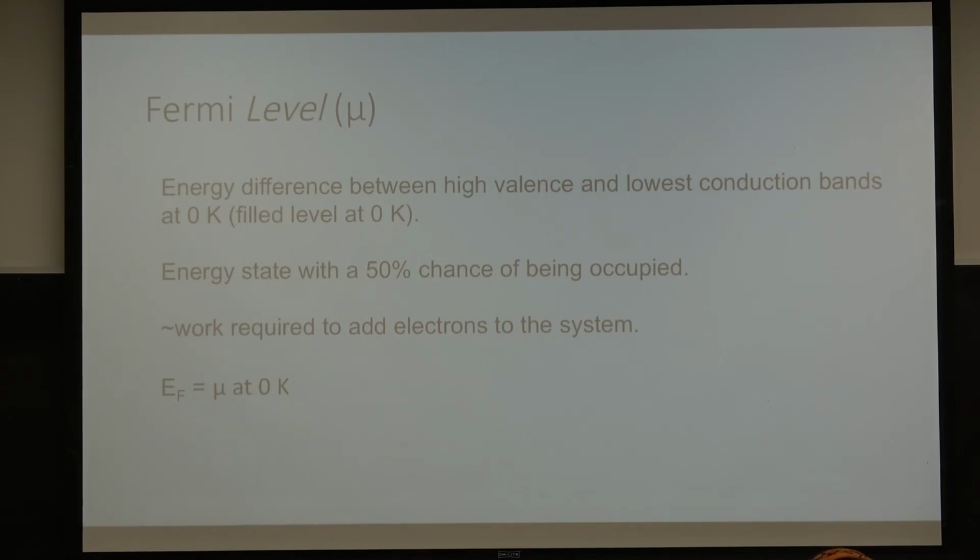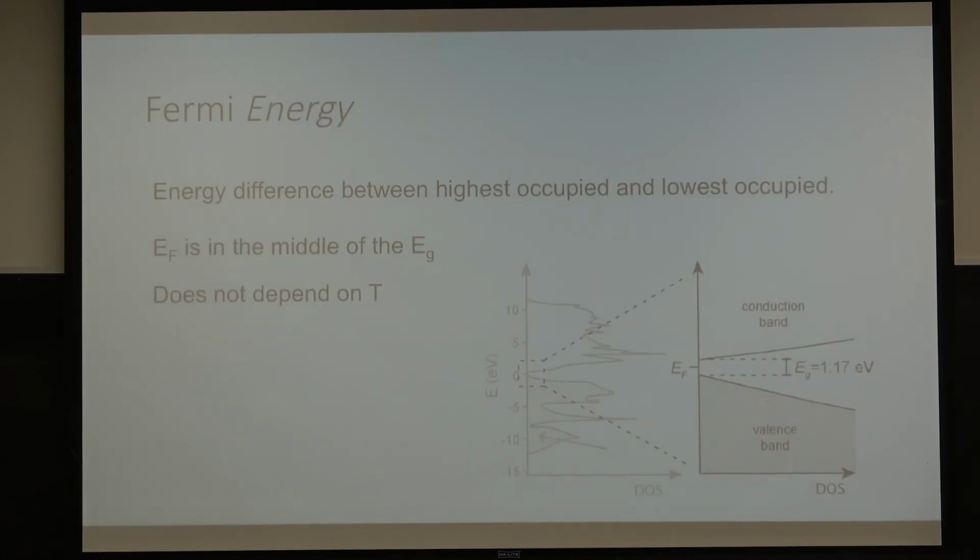Doesn't the Fermi energy change? It doesn't. It does not depend on temperature, because it's always in the middle, right? So if you have a situation like this, and then maybe you change the temperature and it looks like that, so you've dramatically tightened up the band gap, the Fermi energy is still exactly in the middle of it.